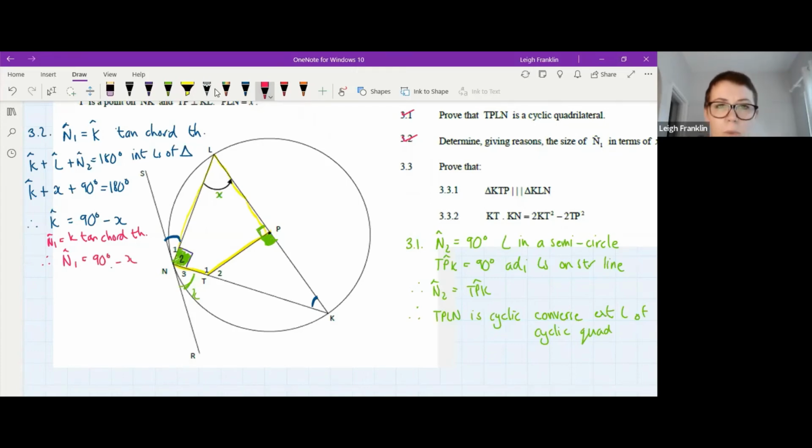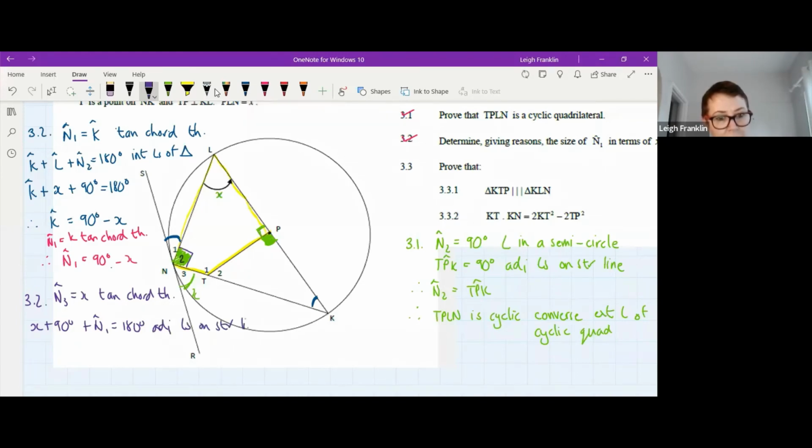So the other way that we could have done this, with what Kanisile was saying, which was 100% correct, is we would have concluded that N3 is x because of tan chord theorem. And then we could say that x plus 90, which is N2, plus N1 adds up to 180 because of adjacent angles on a straight line.